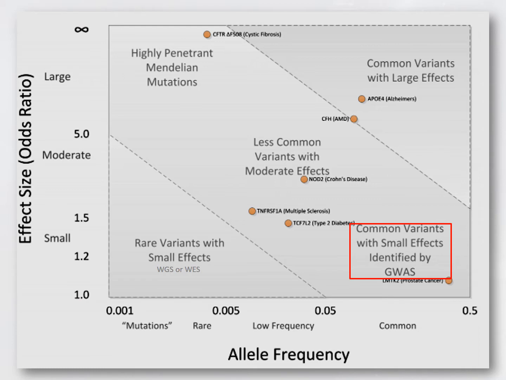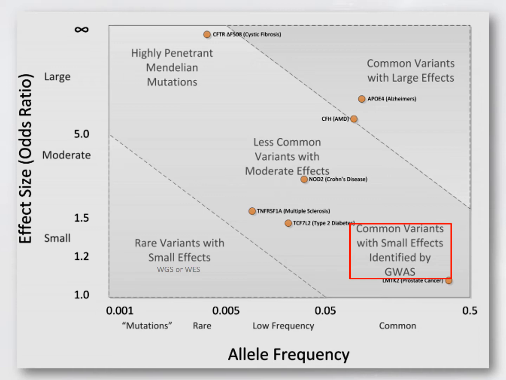The methods used to find variants are determined by the frequency of the alleles and the size of the phenotypical outcome, as you can see in this graph here. Shown on the x-axis, you can see the frequencies of the risk alleles, where you have common alleles with a greater than 5% frequency, down to very rare alleles, which are confined to certain individuals or certain families, and even spontaneous mutations.